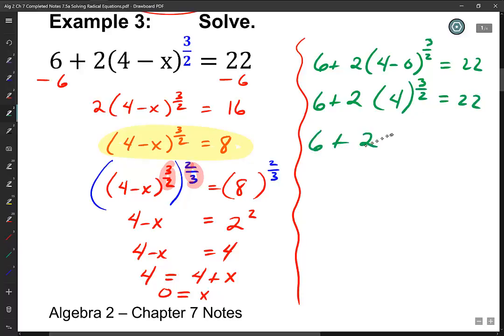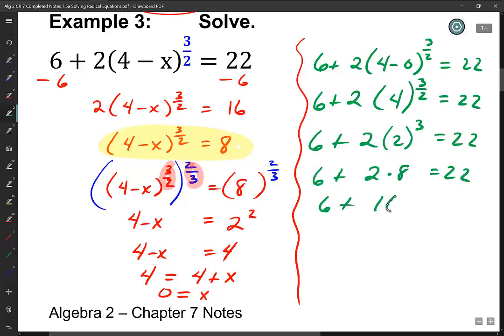Notice I am not combining the 6 and the 2. The square root of 4 is 2. So we have 2 cubed there equals 22. So 6 plus 2 times 8 is 22. 6 plus 16 is 22. And sure enough, that does check. So my answer of x equals 0 is correct.